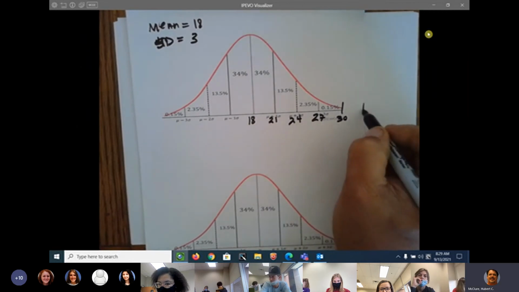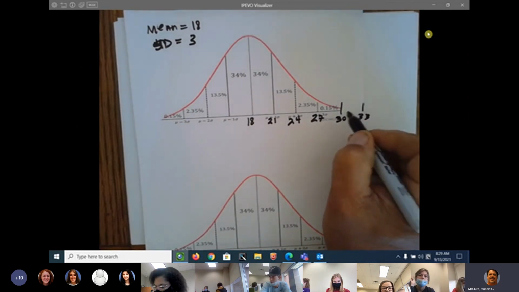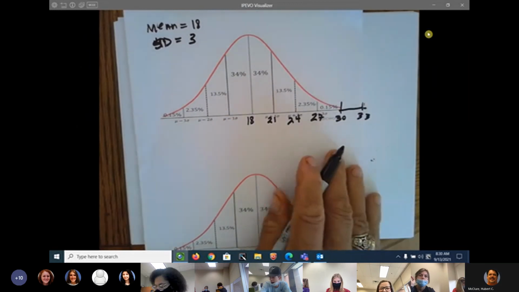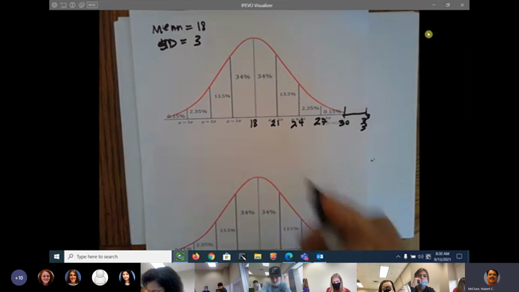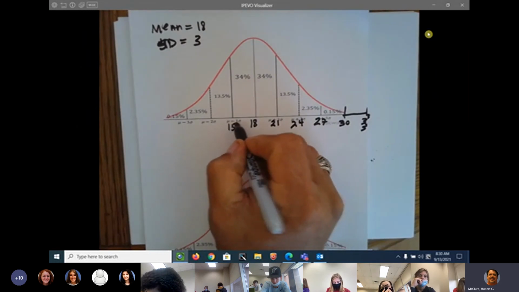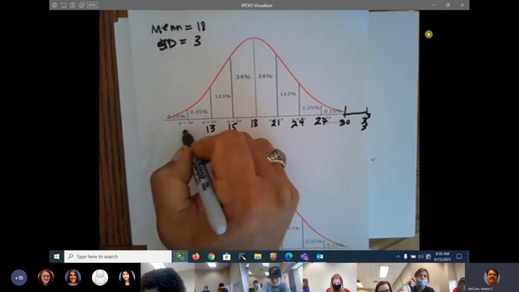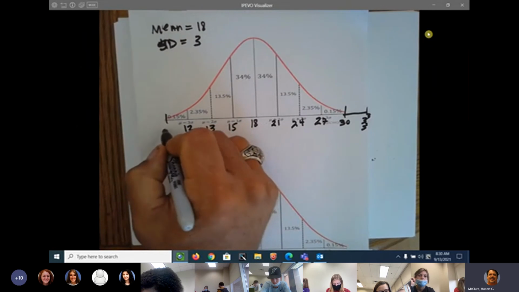I'm going to take it all the way out to 33 like I did last time, because I don't know what the number is. I can't remember. 15, 13, 12, and 9.